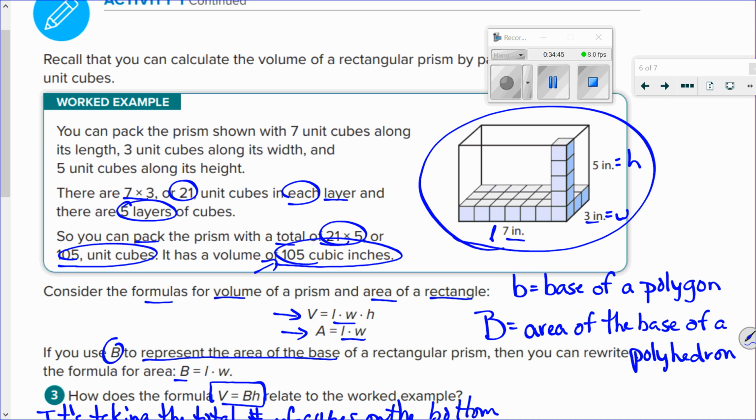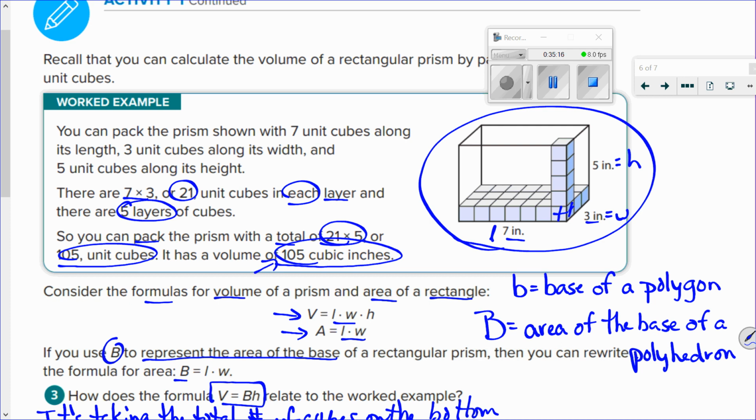How'd you get 440? 840. So I need to multiply that by 8, which makes sense if I really think about it. Every one of these cubes over here is now being replaced by 8 cubes, right? So every one of those 105 is now 8 cubes. So I just multiply the 105 by 8 to figure out how many I'd take. Does that make sense to everybody?